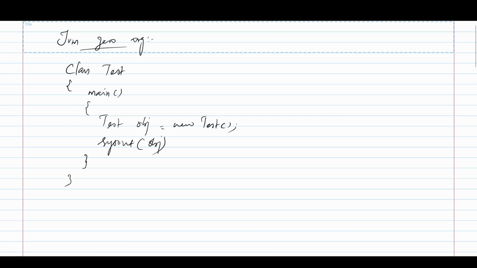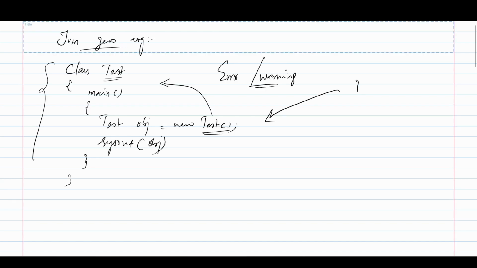In this class, if you see, there is no constructor called test in this test class, but whenever you run this program, you will not get any error or warning. This is the exact place where the JVM comes into the picture. First it will scan your class and identify whether you have a constructor in your class or not.